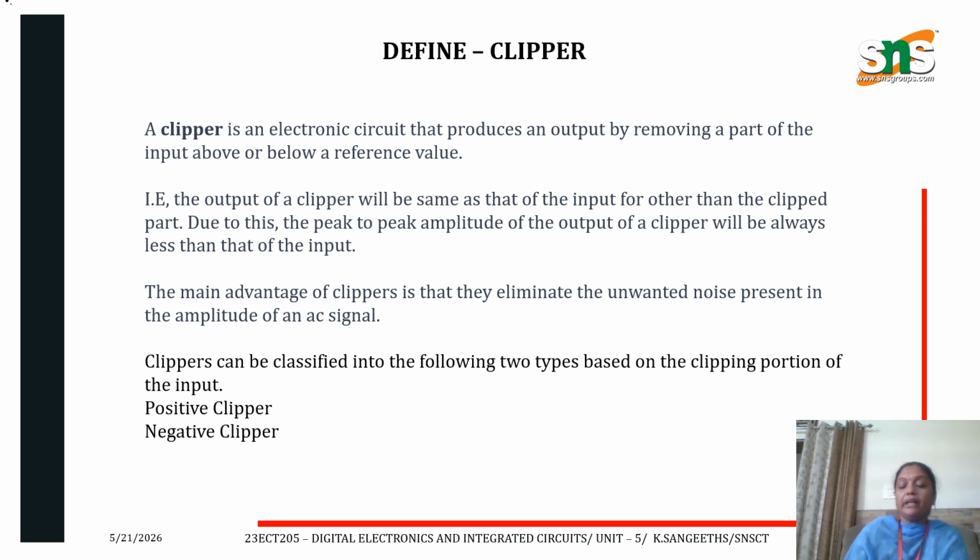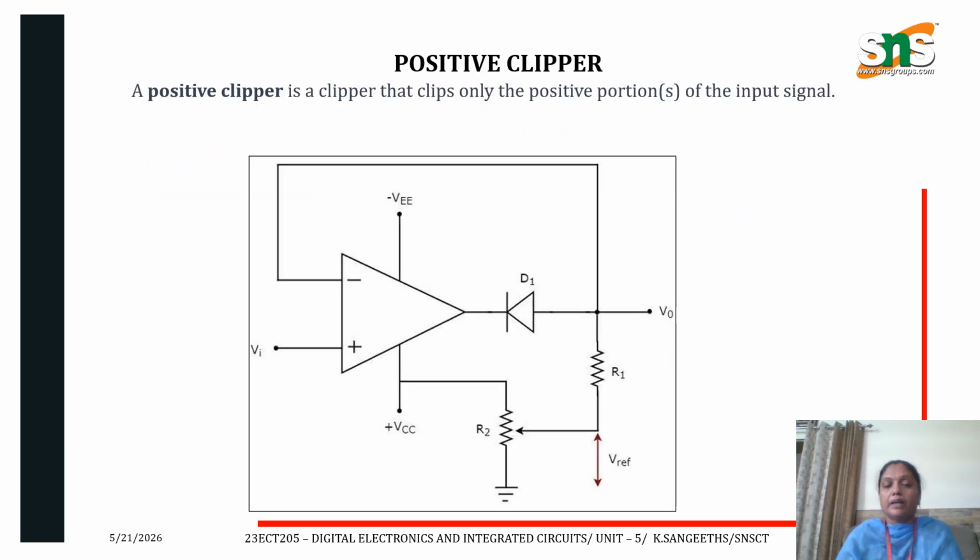Suppose you want to remove the positive cycle of the waveform, or you want to remove the negative cycle of the waveform. Based on this, the clipper can be classified into two types: positive clipper and negative clipper. And this is the circuit of the positive clipper.